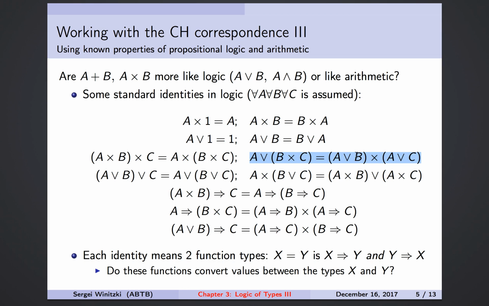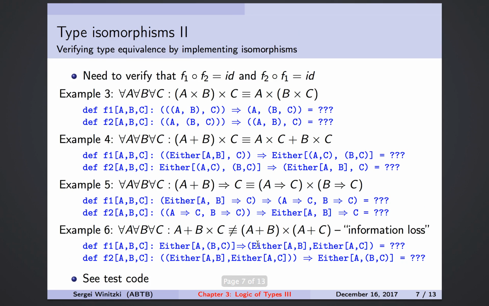If you put a plus here, a plus bc is not equal to a plus b times a plus c. So rules do exactly the same thing. So this is an either of a and a tuple bc, and this is an either of ab tupled with either of ac.